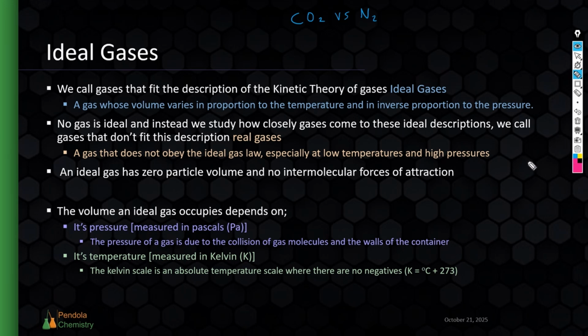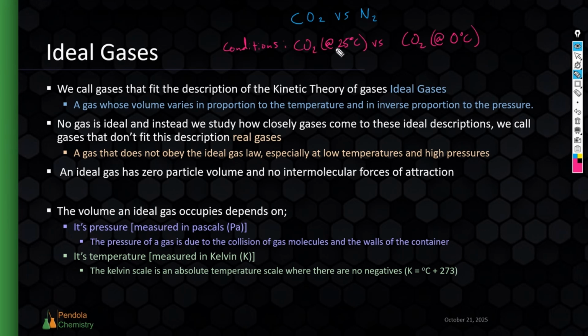Or we can make a comparison of the same gas under different circumstances. For example, we could compare carbon dioxide at 25 degrees Celsius versus carbon dioxide at 0 degrees Celsius. And so we can compare conditions like we're doing here. This is a comparison of conditions.